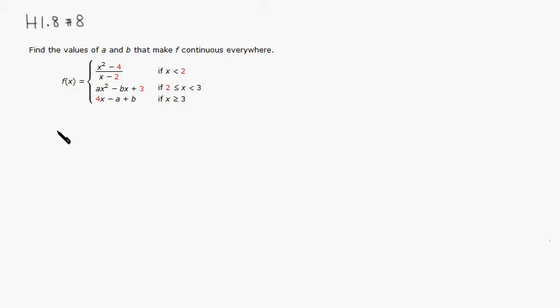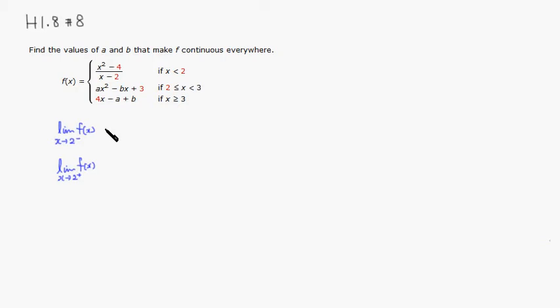So I'm going to take the limit of f of x as x approaches 2 from the left, and also compare that with the limit of f of x as x approaches 2 from the right.